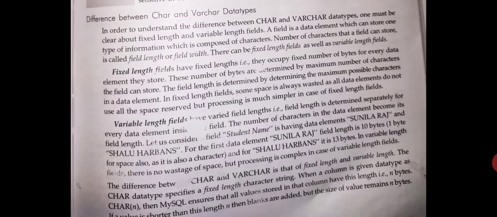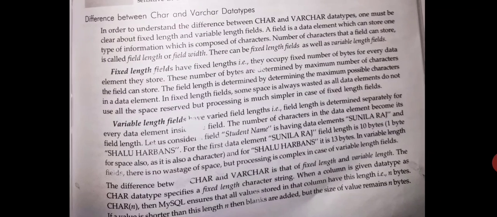The char data type specifies a fixed length character string. When a column is given the data type char n, suppose char 5, then MySQL ensures that all values stored in that column have this length. If I write char with 5 in the bracket, then it should be 5 characters, and it should not exceed more than 5.